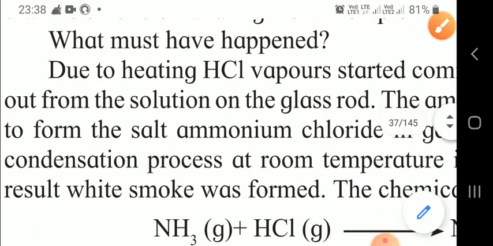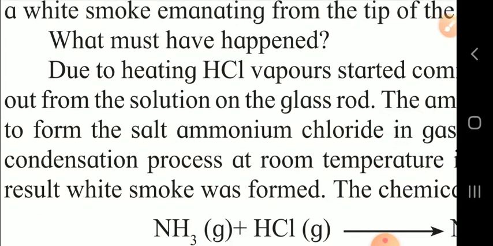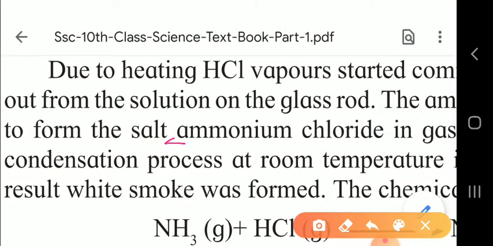Here you can see this salt is formed, the ammonium chloride salt. It will be in the gaseous state first, but after some time, due to the condensation process, it will immediately transform into the solid state. As a result, white smoke will be formed.